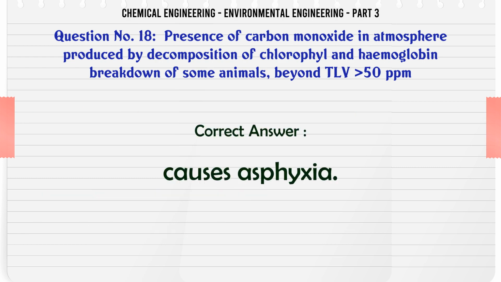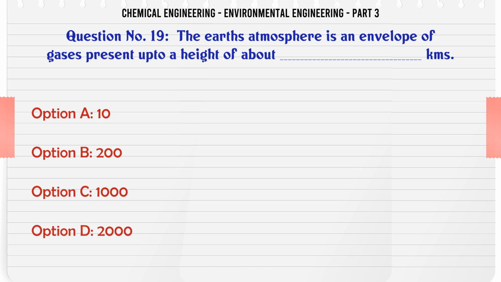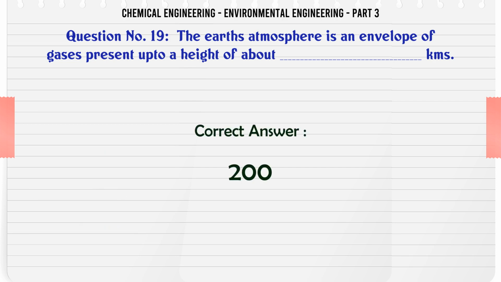The correct answer is causes asphyxia. The Earth's atmosphere is an envelope of gases present up to a height of about ___ kms. A. 10. B. 200. C. 1000. D. 2000. The correct answer is 200.